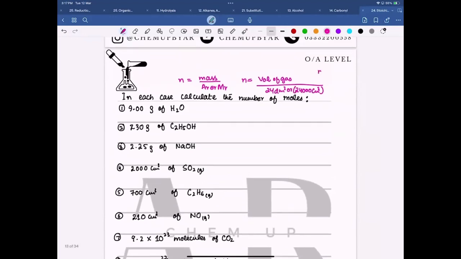And then we have a third formula: mole is equal to number of particles given divided by Avogadro's number, right?